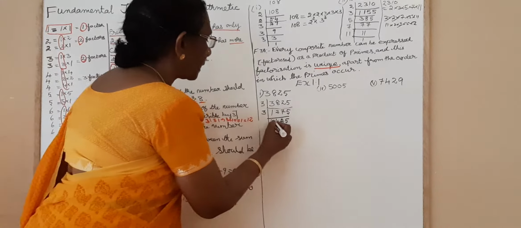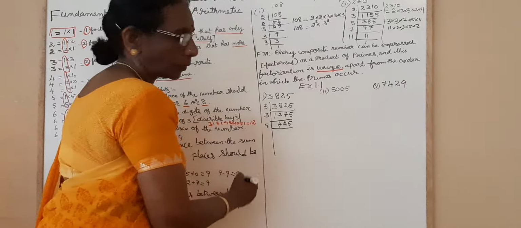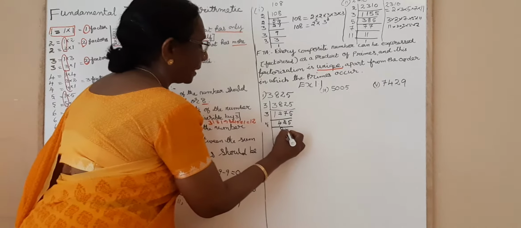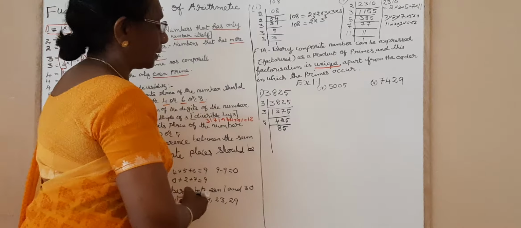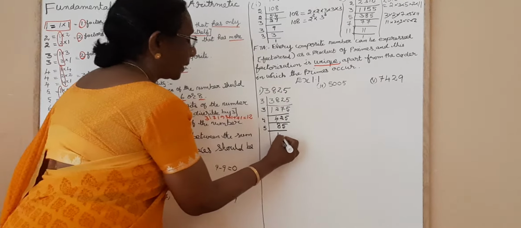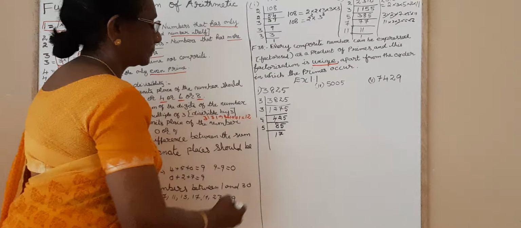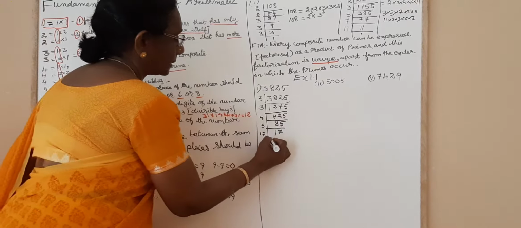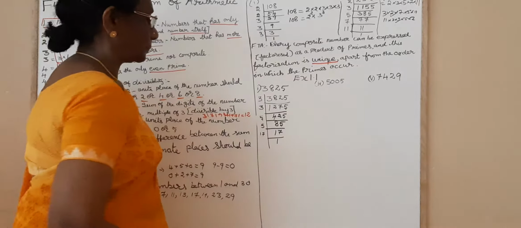So we'll move to the next number, 5. 8 fives are 40, 5 fives are 25. Again now it is divisible by 5. 17 fives are 85. So divide by 17.